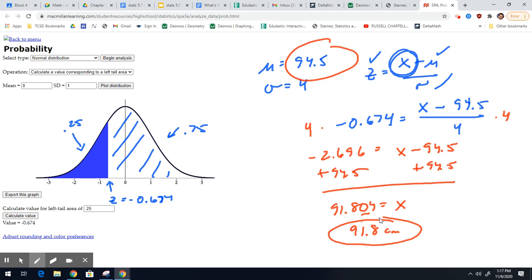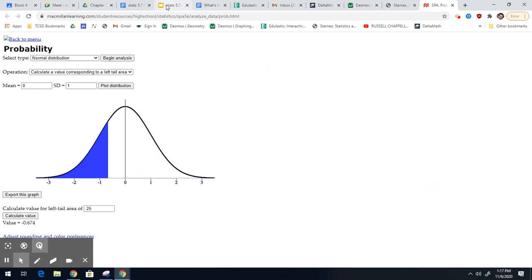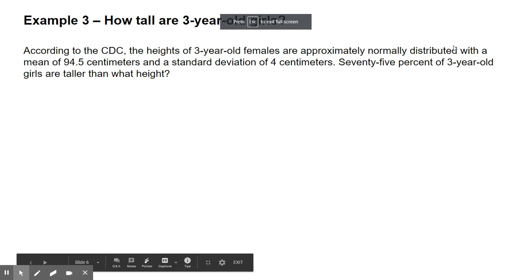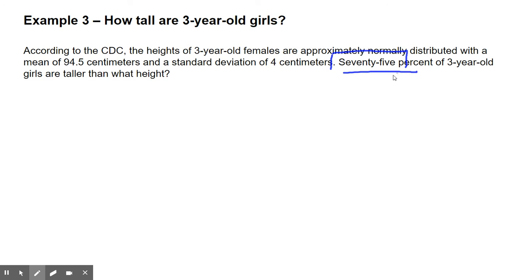Okay. Now, I do want to mention something. Let me go back to the notes real fast. You are going to see percentile problems on your homework. This problem, even though it says 75, this would not have been the 75th percentile. This would have actually been a 25th percentile question. Because when you do percentiles, whenever it says find the percentile, your picture is automatically this.